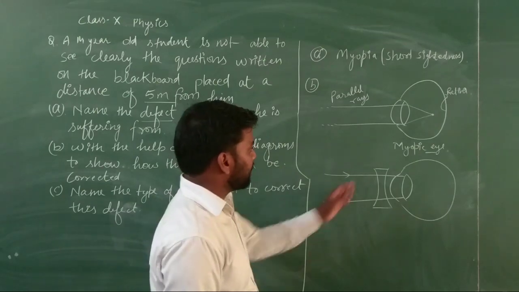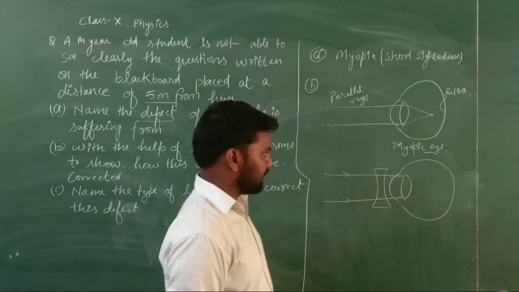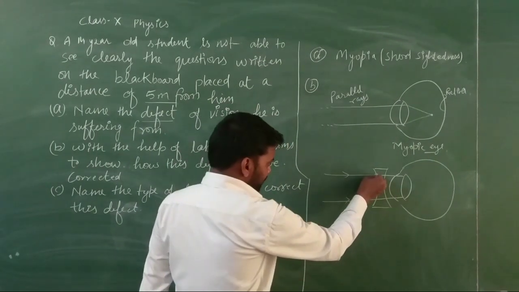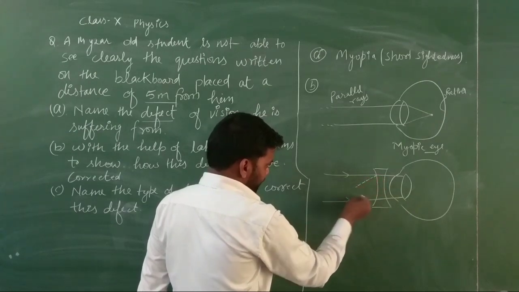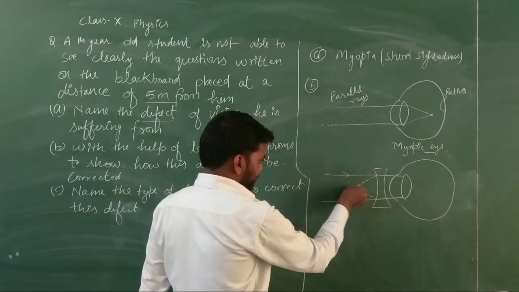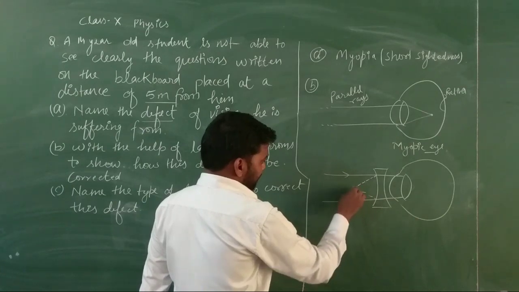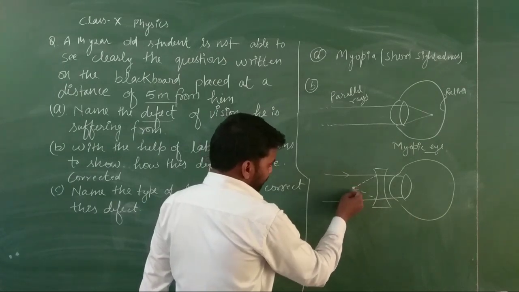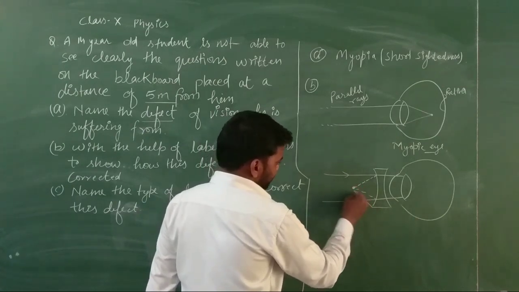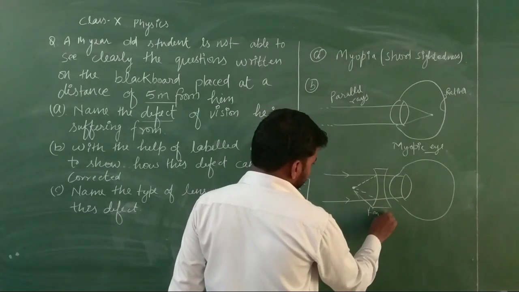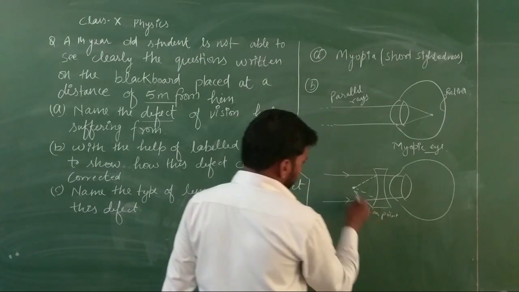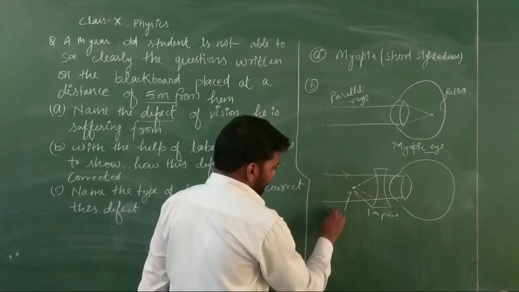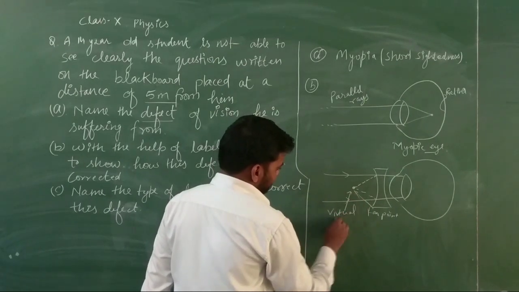After refraction from this lens, the rays will meet at this point. It will be the far point of that object, and we already know that it will act like a virtual image for a lens.